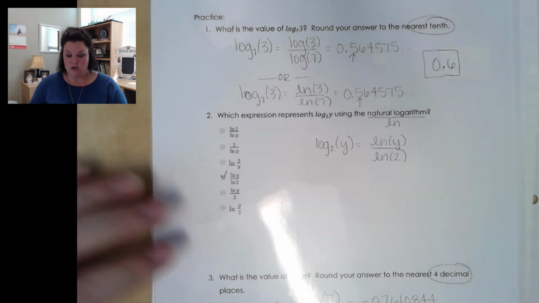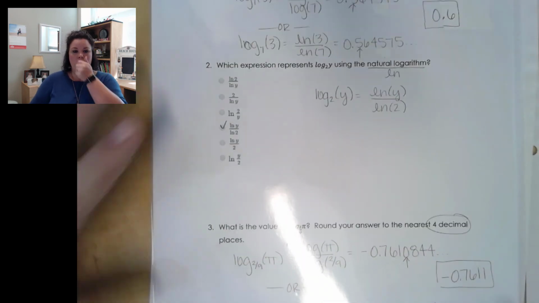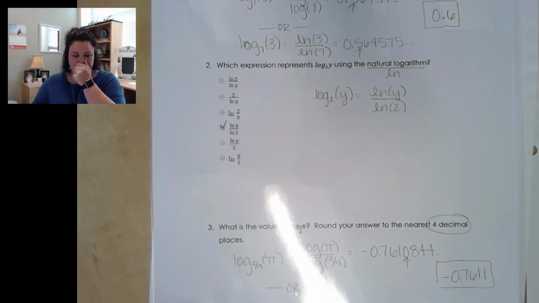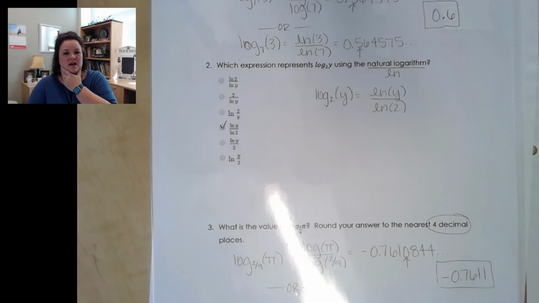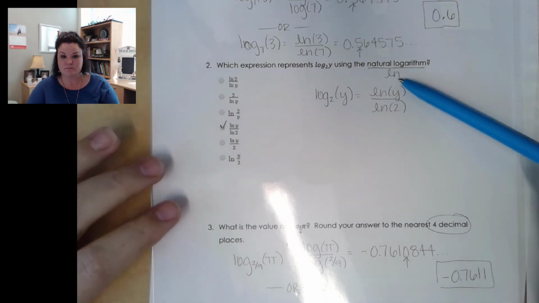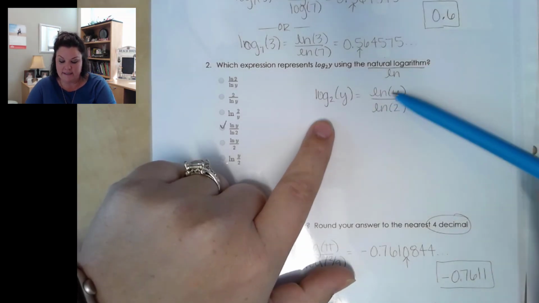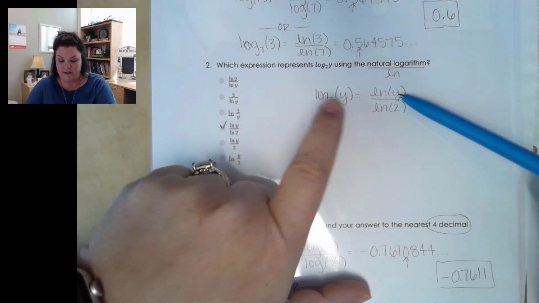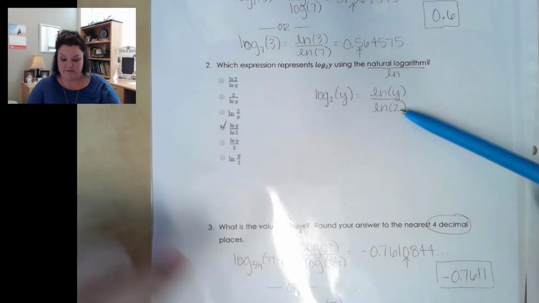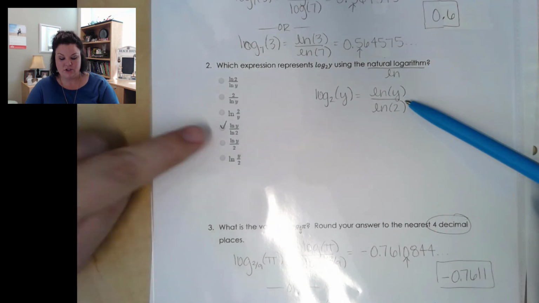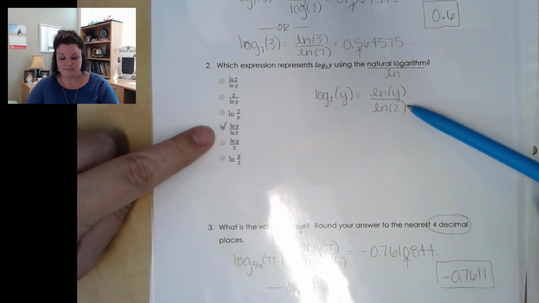Okay. On number 2, we wanted to write this as an expression using natural logs. So ln. So we do ln of our inside number over ln of our original base, and we just leave it like that. Okay, so that should have been the 4th choice.